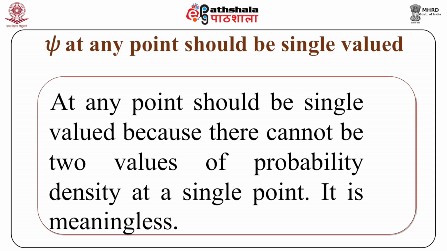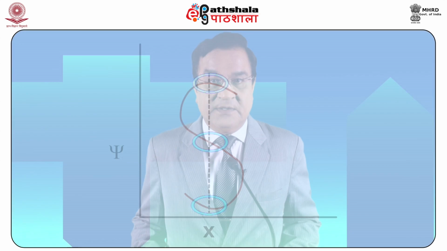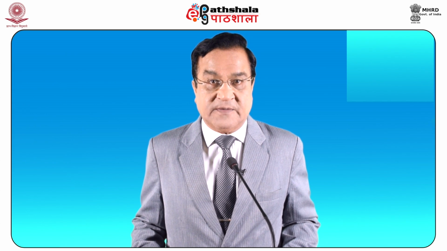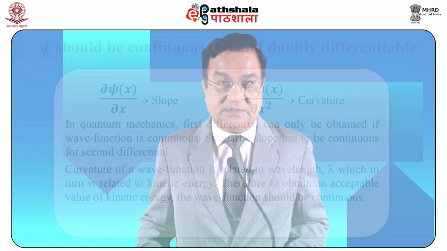For example, here you can see the variation of a function with x, and at a particular point x it has three values. So this is not an acceptable wave function, because it should have one value, and here it has three.